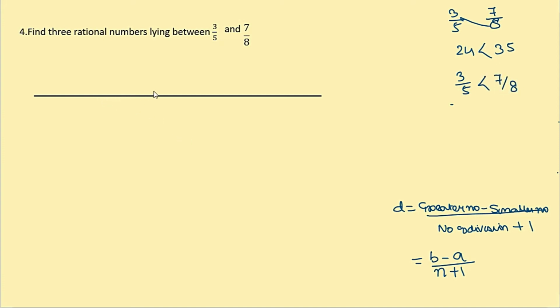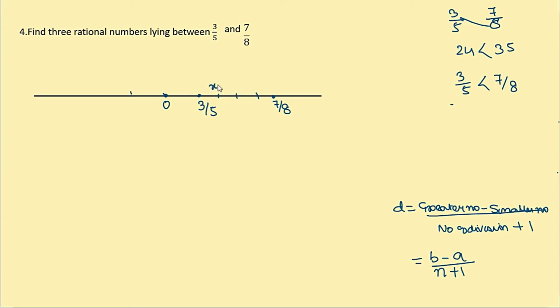So here let me give, this is 0. Obviously to the right hand side of 0 we will be placing 3 by 5, and to the right hand side of 3 by 5 we will be placing 7 by 8. Here this we will be dividing into 3 equal parts, 1, 2, 3.